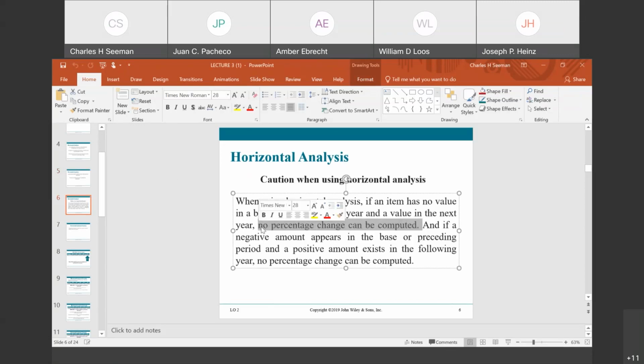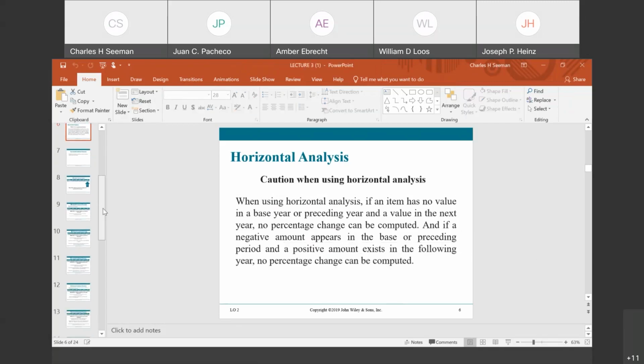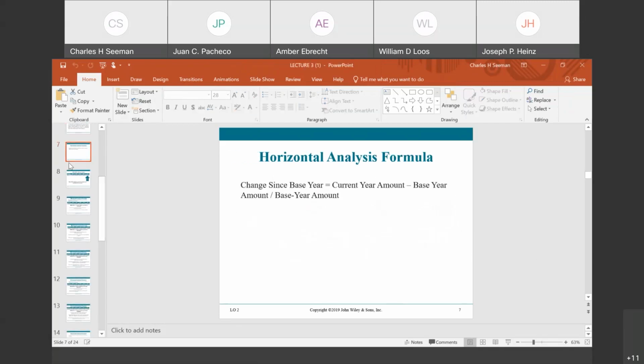If you have zeros, you can't do it because you're going to get the infinity mark in your calculator. And if a negative amount appears in the base or preceding year, then also you're going to have a problem doing this. Again, same formula. Change since base year equals current year amount minus base year divided by base year.